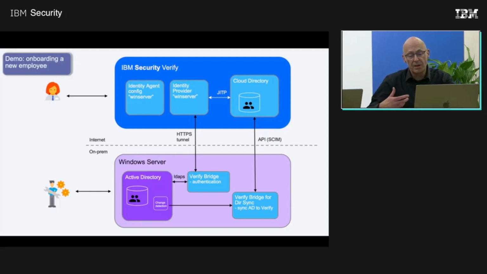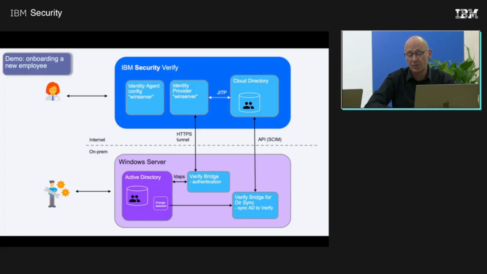And so when a user logs on, she will authenticate against the Active Directory. And also during the authentication, some attributes can in fact be read, things like department and so on, and can then also be used for what we call just-in-time provisioning.